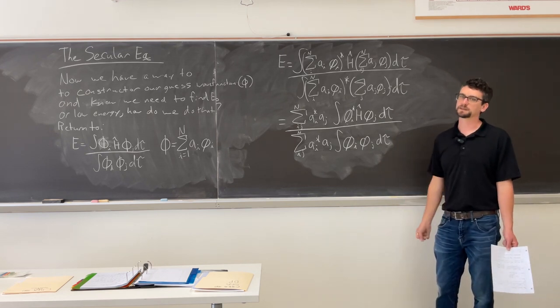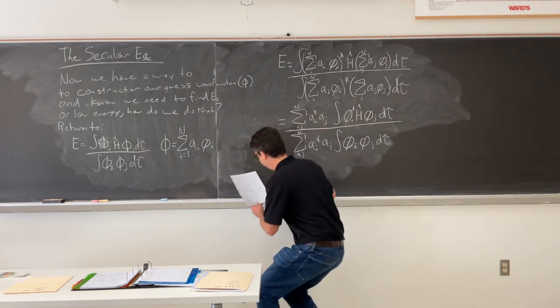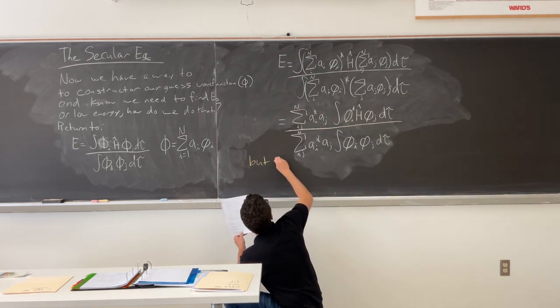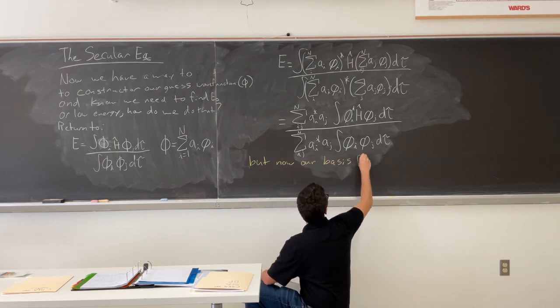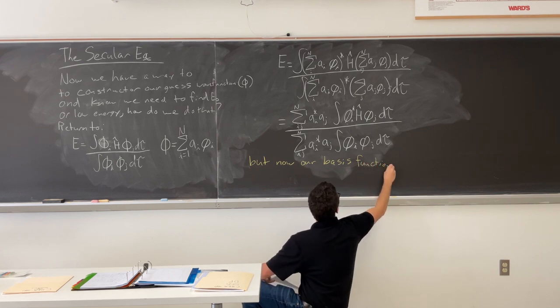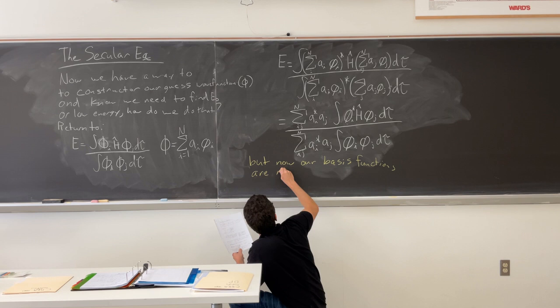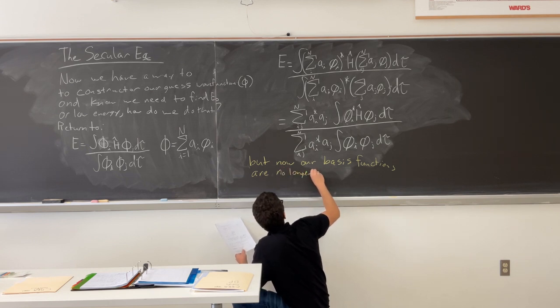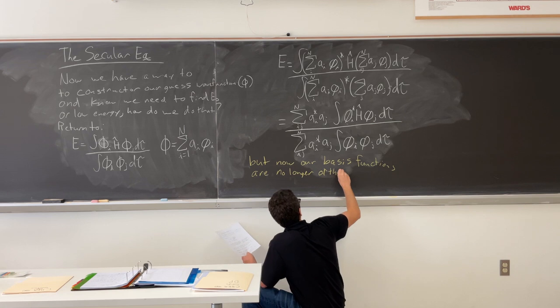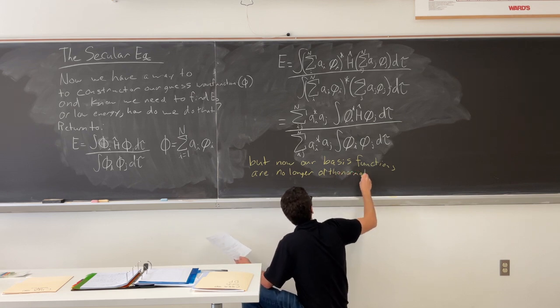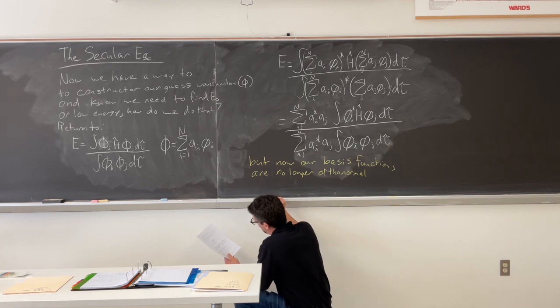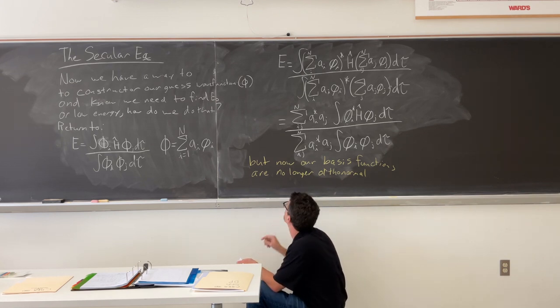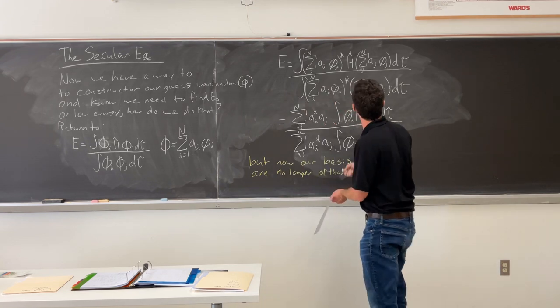However, these basis functions are no longer orthonormal, which sucks. Well, I guess it doesn't, because then we wouldn't exist, but I don't know. Okay. Should there be an A_j on top of that sigma? Yeah, there should be.